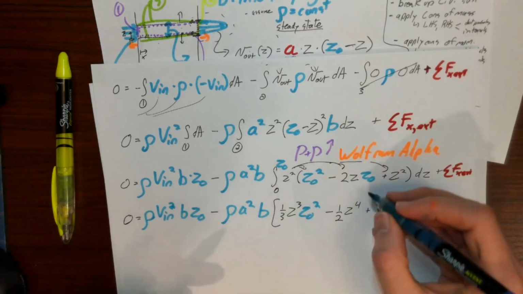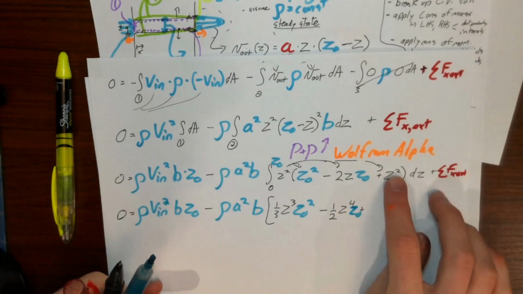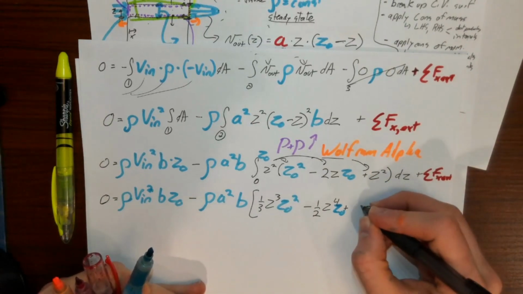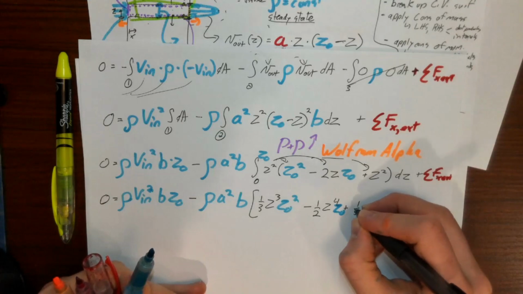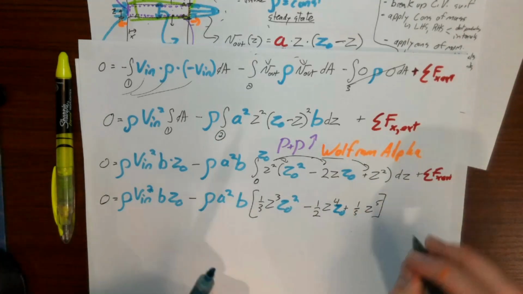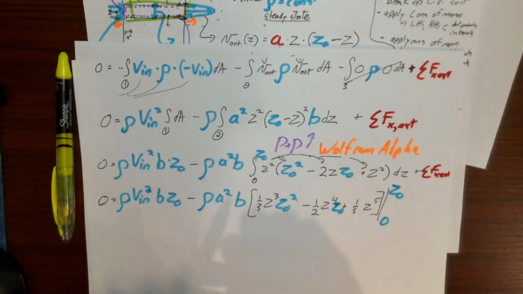Sorry, I forgot the z naught that's in the second term right here. And then in the third term, we'd have a z to the 4th, which when you integrate it, we get z to the 5th, and we'd have a 1/5 out front. And this would be evaluated at the limits of integration from 0 to z naught.